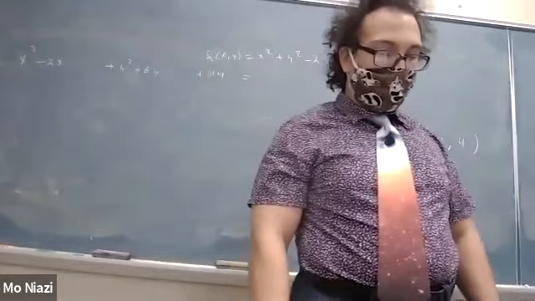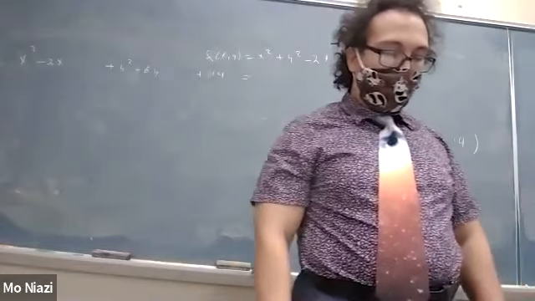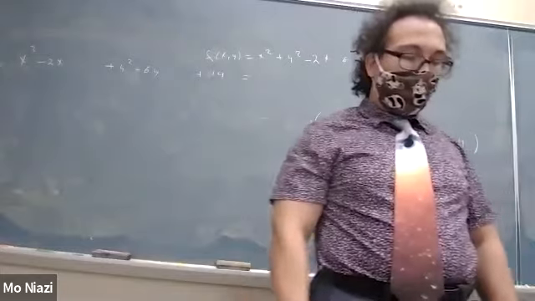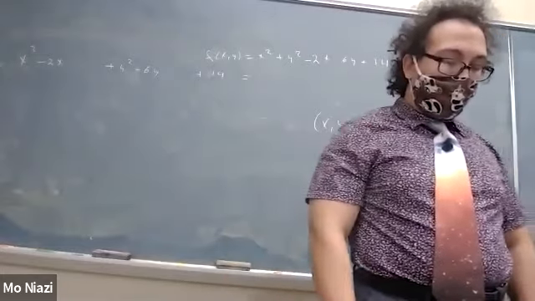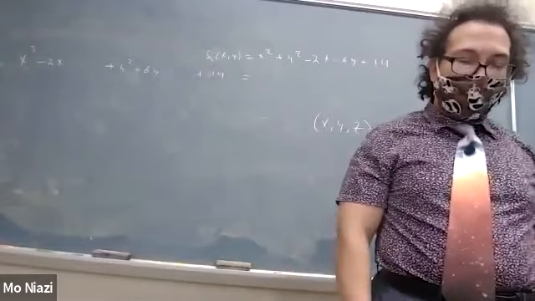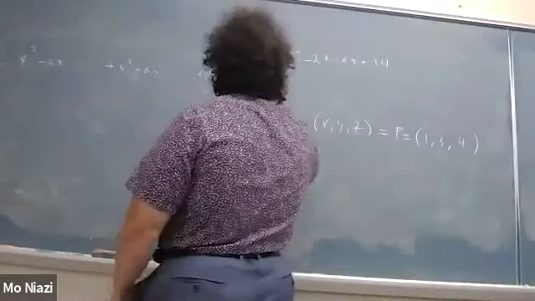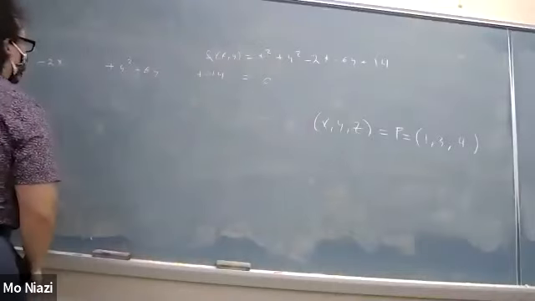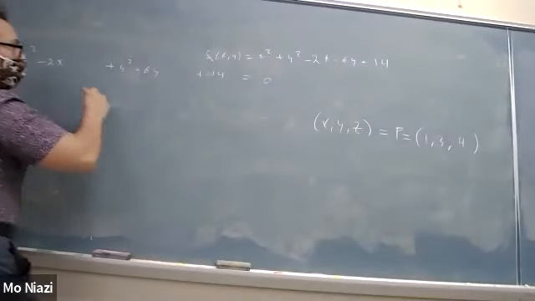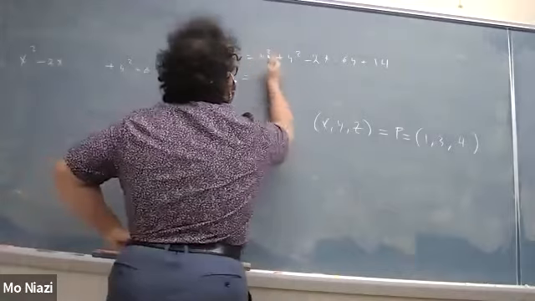Why do you guys think I did that? Yes, sir. So we can complete the square. So what we might want to do is set the function equal to 0 and complete the square. So then what I can do is just send this over here.